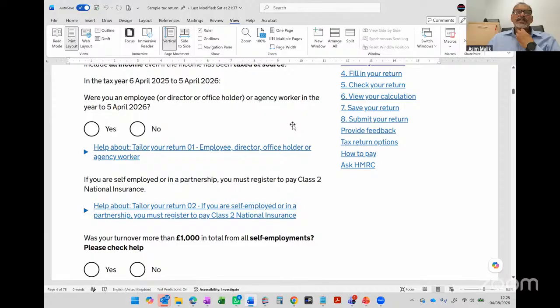As long as the turnover, not the profit, is less than £1,000, HMRC don't want you to do a tax return or even disclose it, because for them it's not worth it. If on £1,000 let's assume that after expenses you made a profit of £500 and you are in the 20% tax bracket, it's basically £100 tax. HMRC's view is that £100 is not material enough for them to keep a record for you.